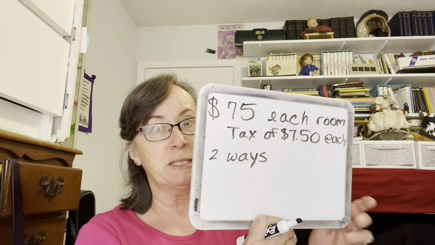Okay, so the last practice we're going to do for you is number 6, and it deals with your distributive property. So it says Linda reserved 2 hotel rooms for $75 each room plus a tax of $7.50 each. Illustrate the distributive property by writing 2 ways to compute the total. What is the total? Okay, so she's buying 2 rooms.